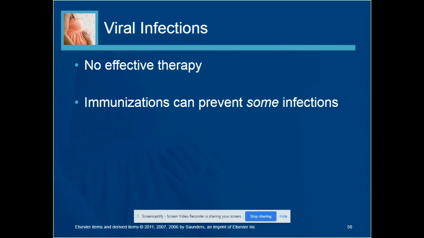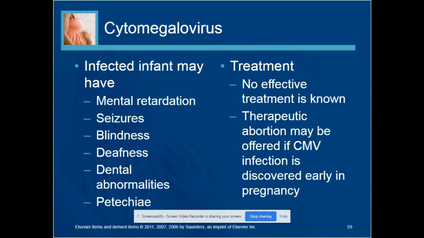Viral infections usually do not have effective therapy. We're on page 104, by the way. Immunizations can be given to prevent some infections. A woman who is pregnant needs to have updated immunizations.